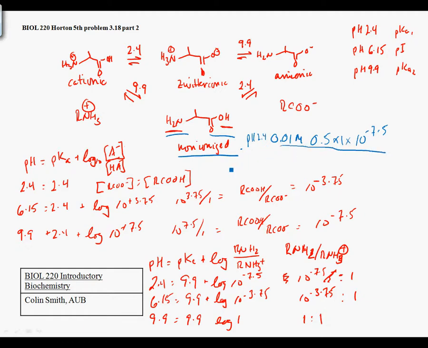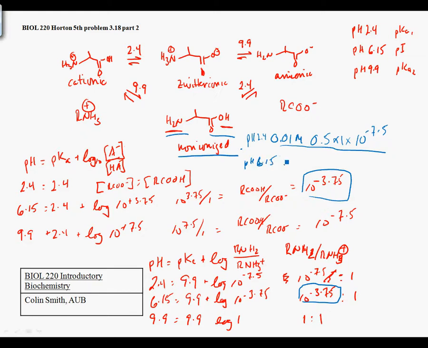And at pH 6.5, it's quite similar, because at pH 6.5, the group of interest is 10 to the minus 3.75, and the carboxylic acid neutral form, and the amino neutral form is also 10 to the negative 3.75.